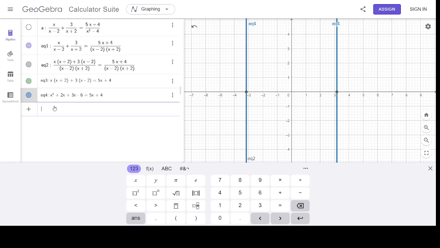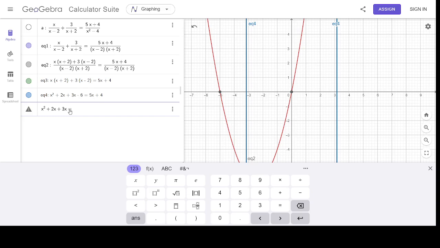Now we need to collect the like terms together, so it's x squared plus 2x, plus 3x. Then we bring this 5x to the left hand side. So this 5x is plus 5, so when it crosses the equal sign it becomes minus 5x.